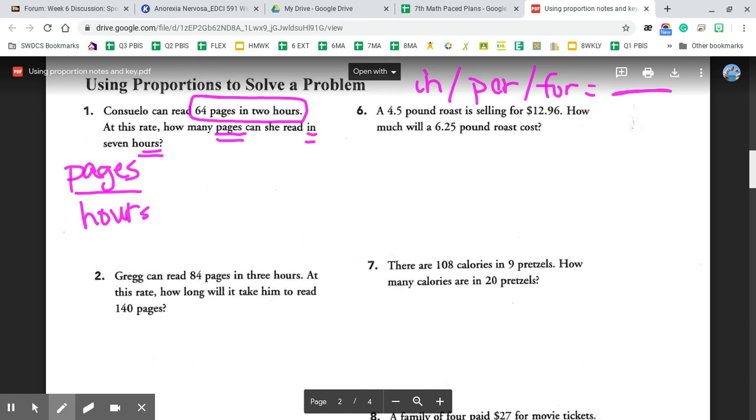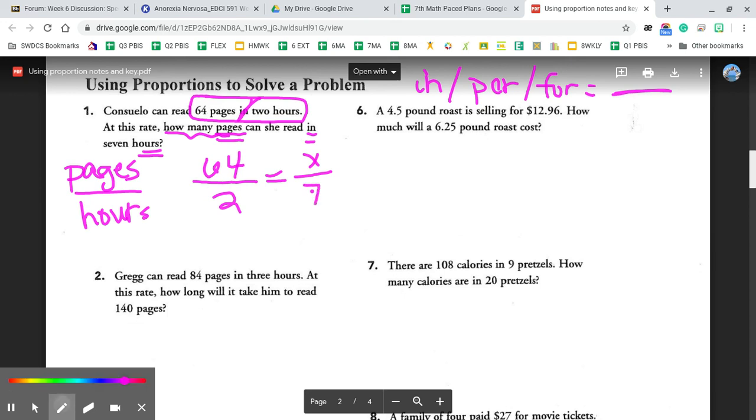Okay, so then we write it using our numbers. So 64 pages in 2 hours. So we're going to write 64 over 2. This is our ratio without labels, is equal to how many pages? Well, when we don't know something, we put an X and then in 7 hours. So over 7. And then it becomes something that should look just like the other side, right?